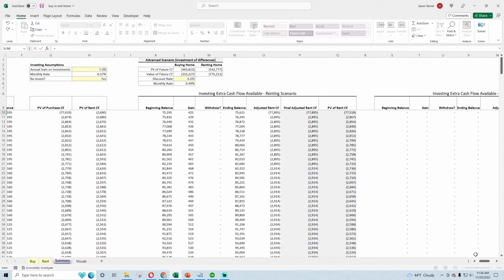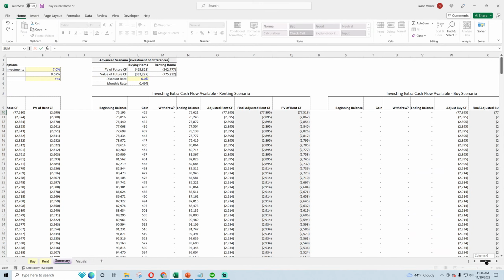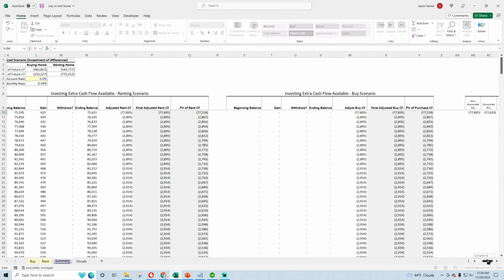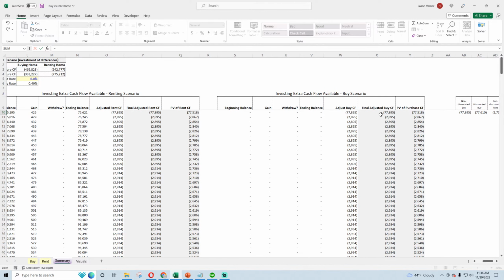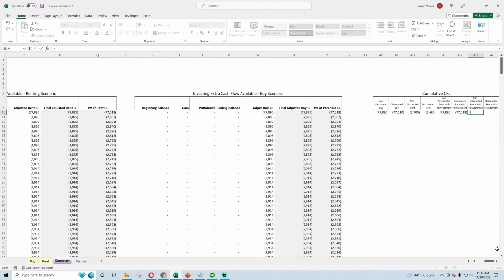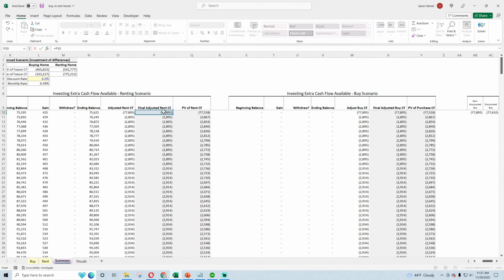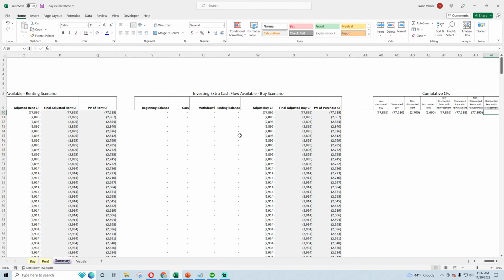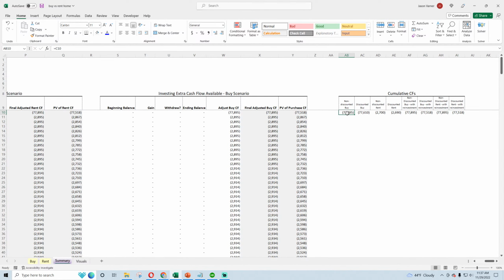Non-discounted buy is this. Discounted is that. Non-discounted rent with reinvestment and discounted rent. So then we just drag all of these down one and add the top number.